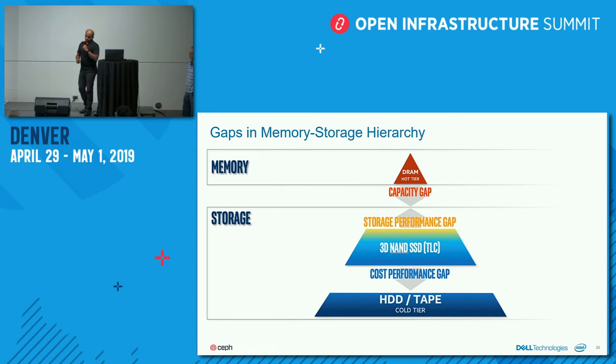And then at the top we had DRAM. If you look at the latency range, DRAM is in the 100 nanosecond range, 3D NAND is in the 80 to 100 microsecond range, whereas hard drives are in the millisecond range. So there was a big performance gap.